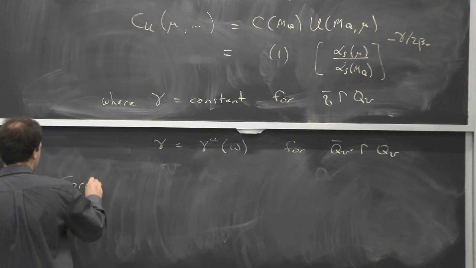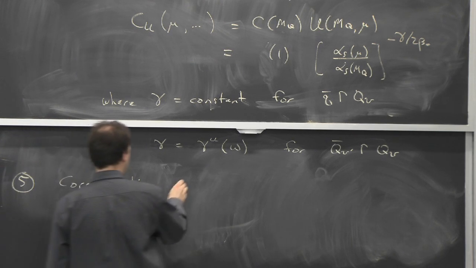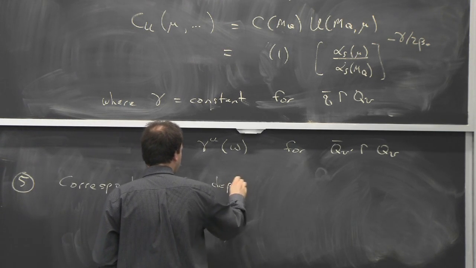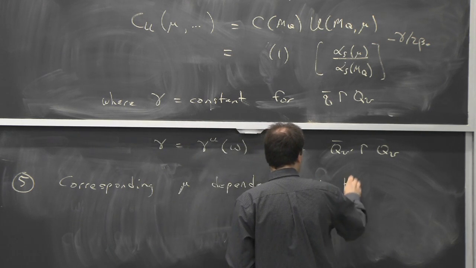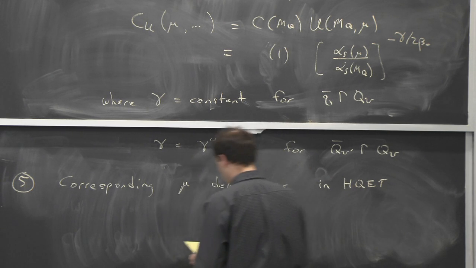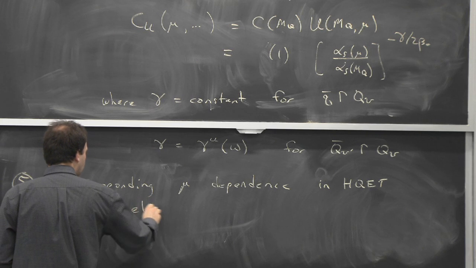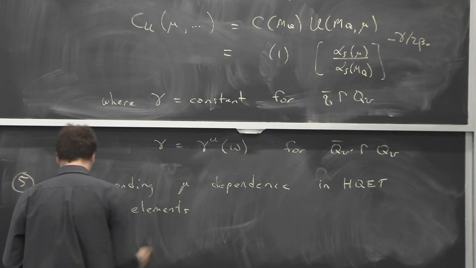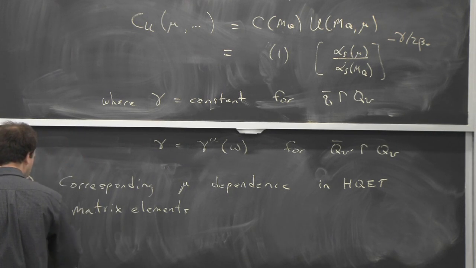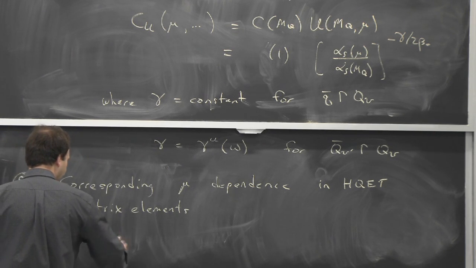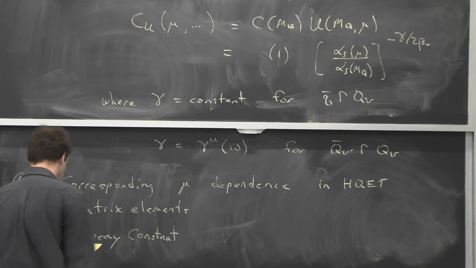So essentially all of the story except for this little wrinkle is very similar to integrating out a massive particle. And the other part of the story that's similar is that the HQET matrix elements depend on mu as well. So in our example that we talked about last time, we had a matrix element. Let me give it to you in the context of that example.